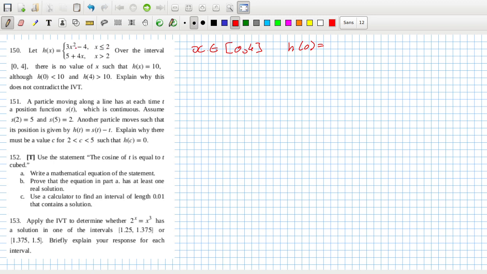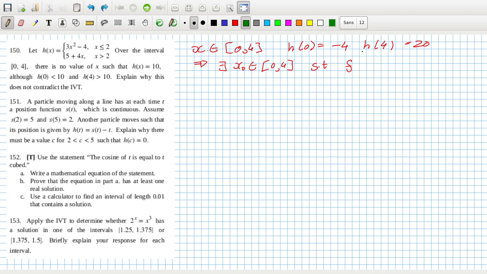H0 is minus 4. And h4 is 20. So that would make us think that there should be some point. That means there should exist some point x0 in 0, 4 such that f of x0 equals 10, because the 10 is in the set minus 4 to 20.